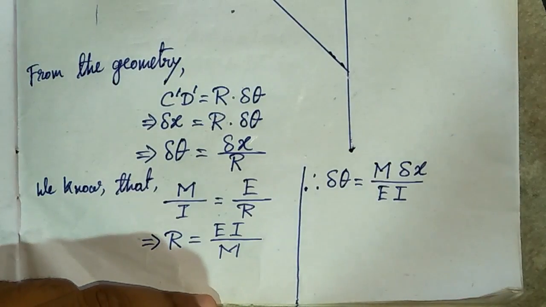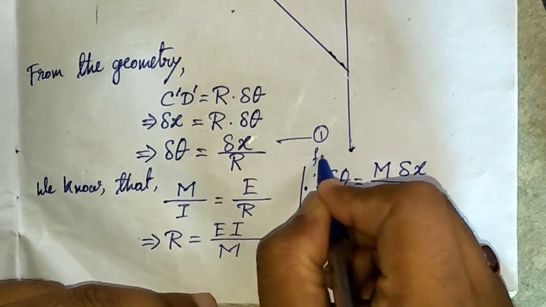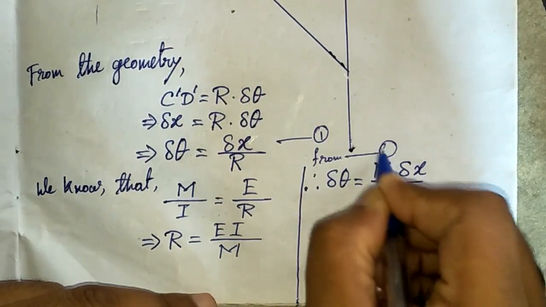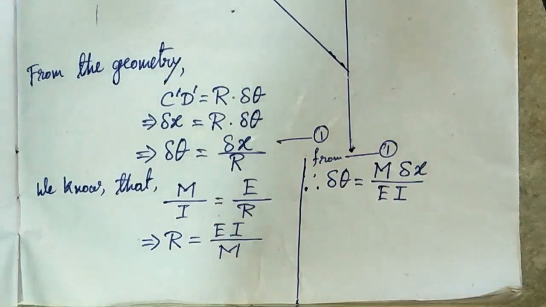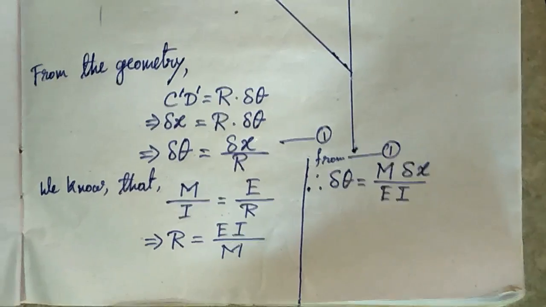This is equation 1. So from equation 1 we can write del theta equals M dx by EI.